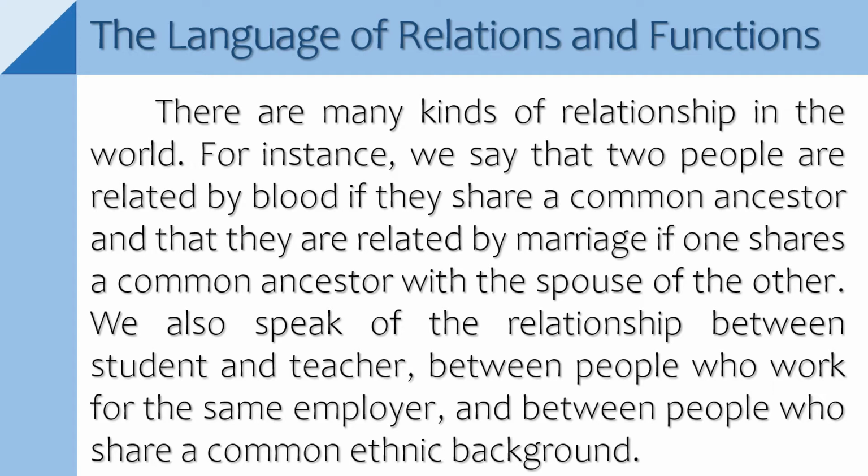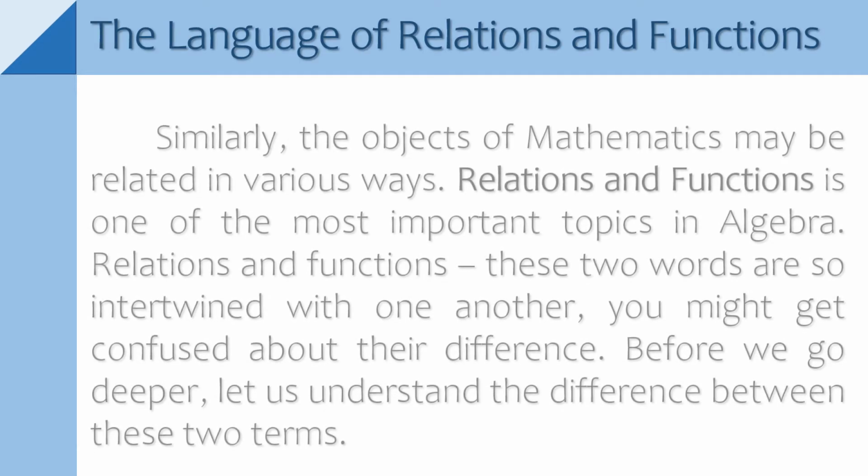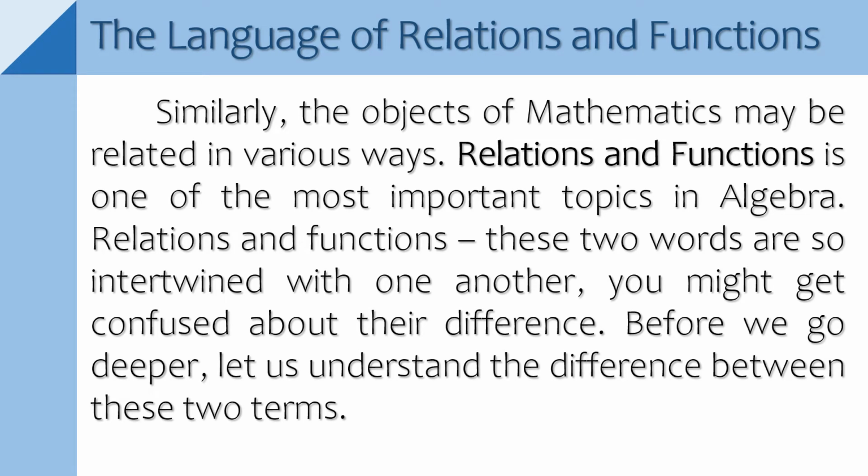We also speak of the relation between students and teachers, between people who work for the same employer, and between people who share common ethnic backgrounds. Similarly, the objects of mathematics may be related in various ways.